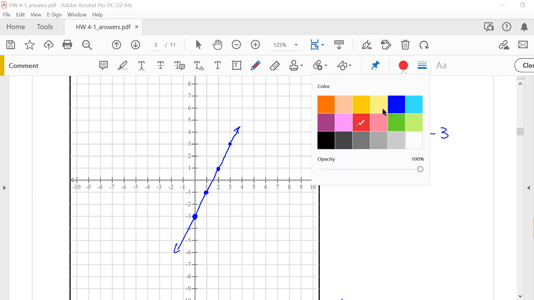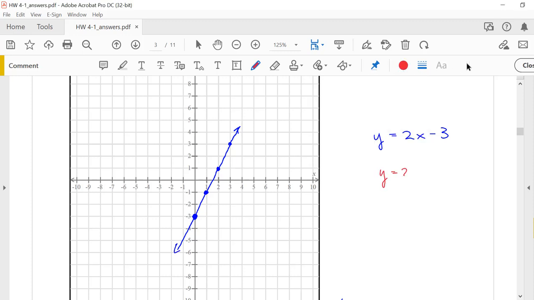Now for the red line, y equals 2x minus 3. Y-intercept is negative 3. My slope is 2, so up 2, right 1. And like we saw, it was the exact same line. So there will be infinitely many solutions to that system.